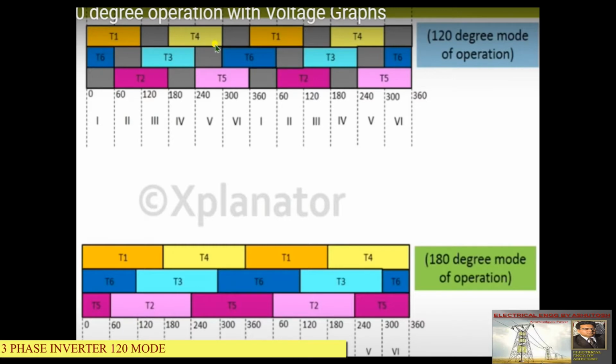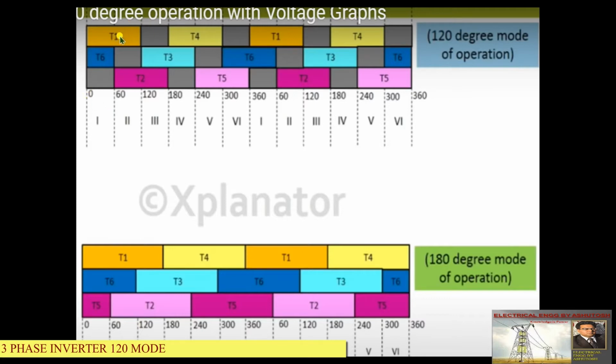This is our second leg, where IGBTs 3 and 6 will conduct. And this is the third leg, where the fifth and second IGBTs will conduct. The total cycle starts from 0 and ends at 360 degrees, and then the cycle repeats from here. So what happens in this mode of operation?